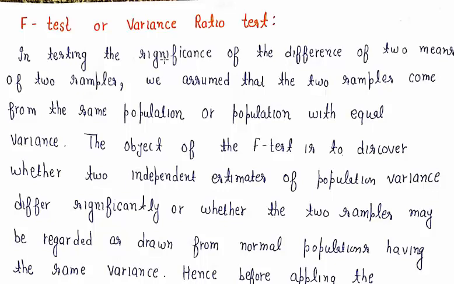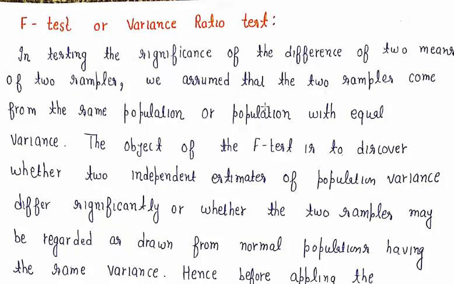As is clear from the name of the test, this test is related to variance. In testing the significance of the difference of two means of two samples, we assume that the samples come from the same population or from populations with equal variances.